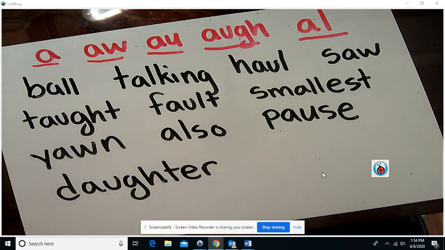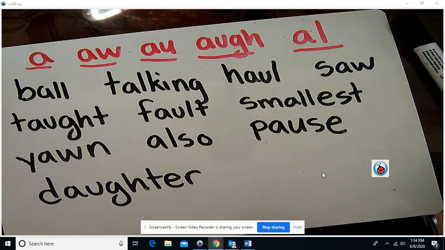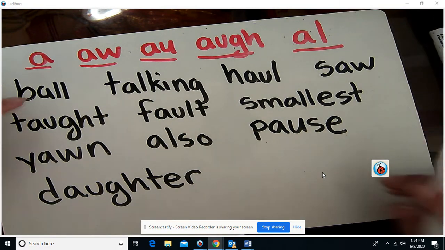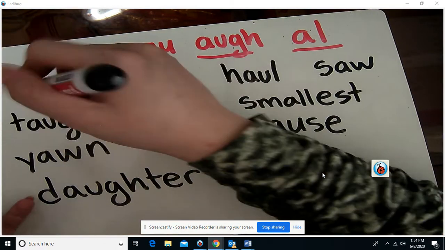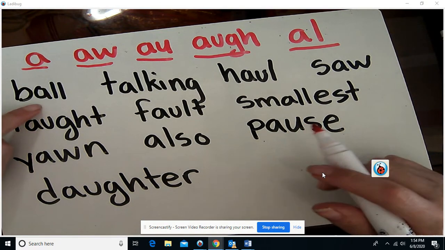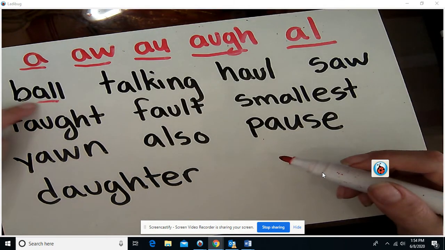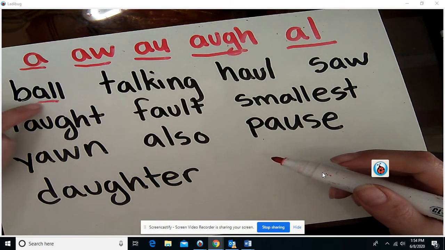Okay, we're gonna highlight those sections that follow this phonics rule so that we can read these a little bit easier. So we have ball, and this is an A, not a U. Ball, so we have aw, b, aw, l, ball.